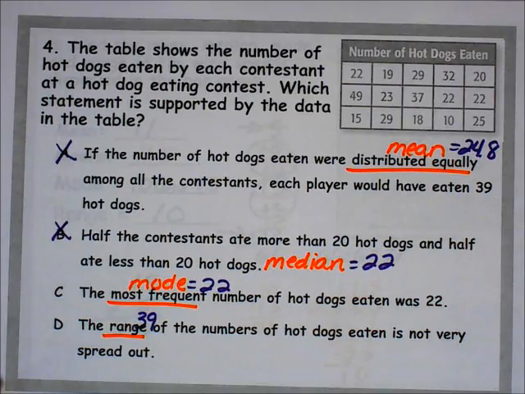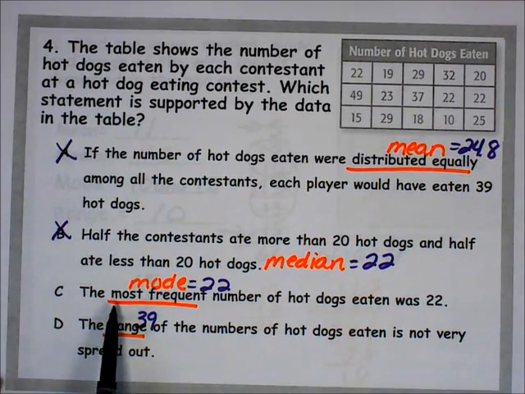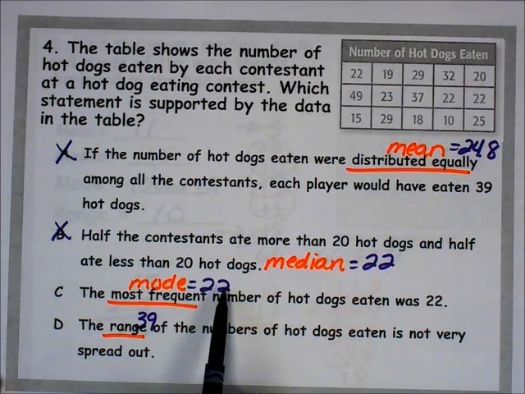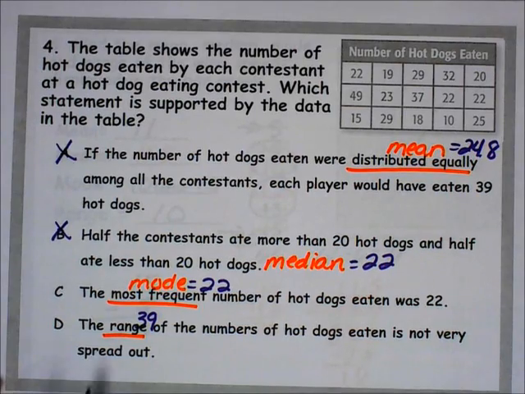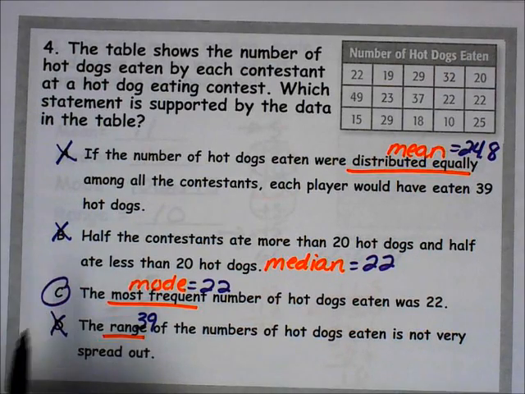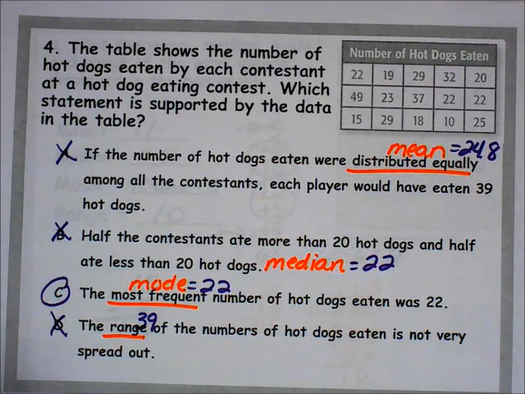So we know B is not correct. C says the most frequent number of hot dogs eaten was 22, and we got 22 as our mode. So C looks like a good answer, but let's check D. D says the range of the number of hot dogs is not very spread out. Well, we had a range of 39. I would say that's pretty spread out, so D is not correct. So the correct answer was C.